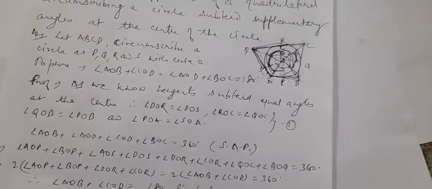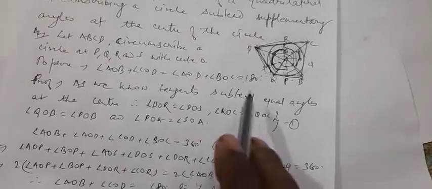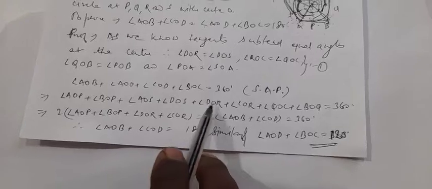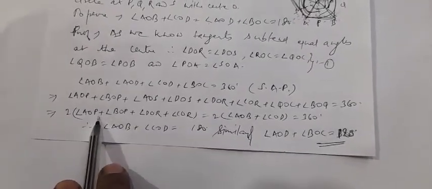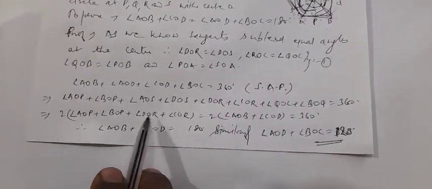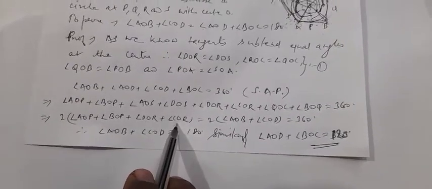But as we are aware from equation number 1 that all are equal to some other angles, it can be expressed as twice of angle AOP plus angle BOP plus angle DOR plus angle COR.